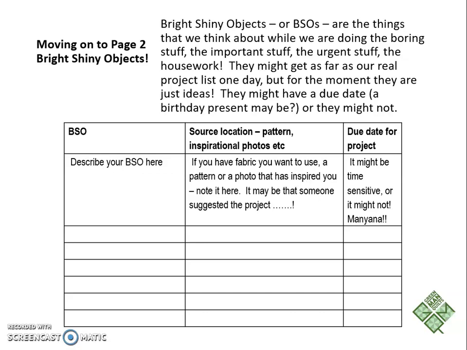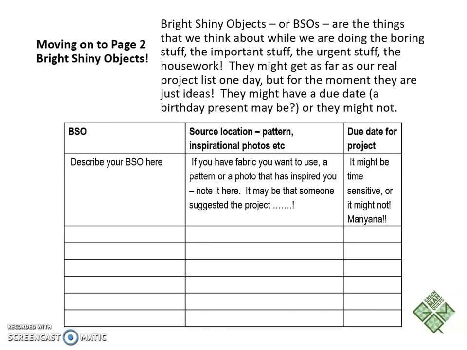Moving on to page 2, this is what I call my bright shiny objects, or BSOs, and they are the things that we think about whilst we're doing the boring stuff or the important stuff or even the urgent stuff. And they're not things that we necessarily have a pattern all ready for, or they're just in your head.